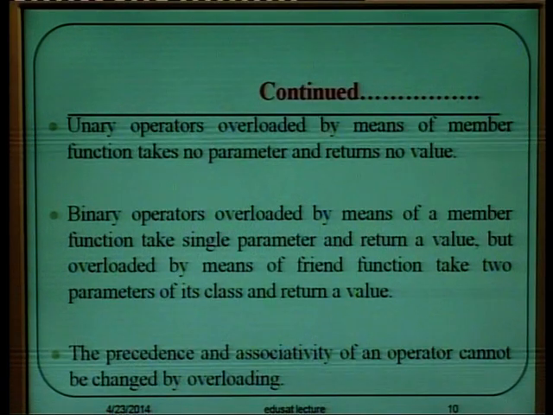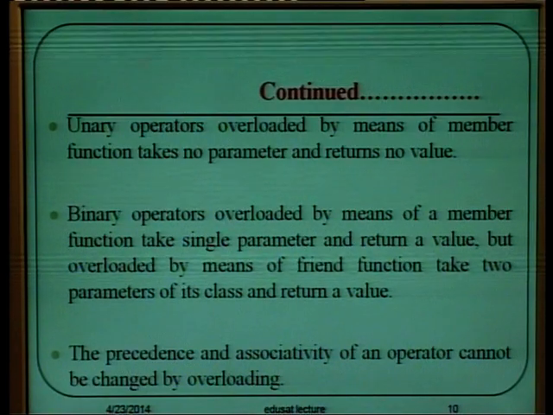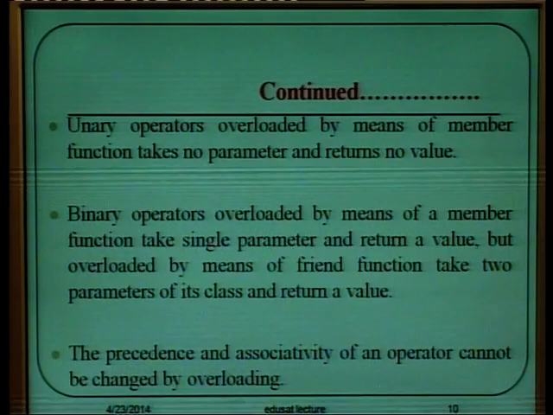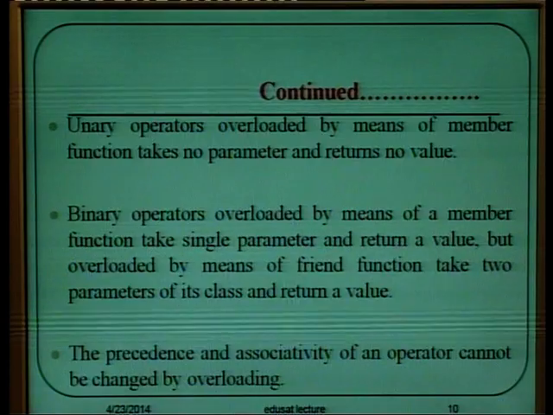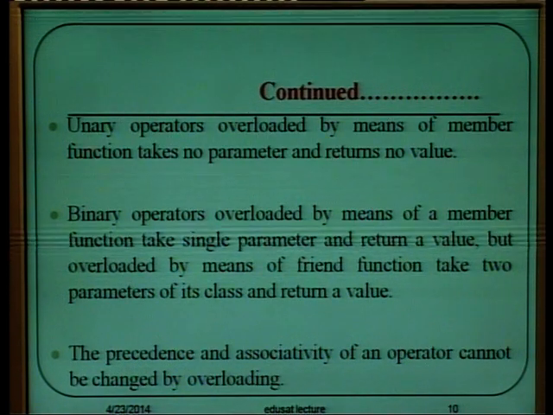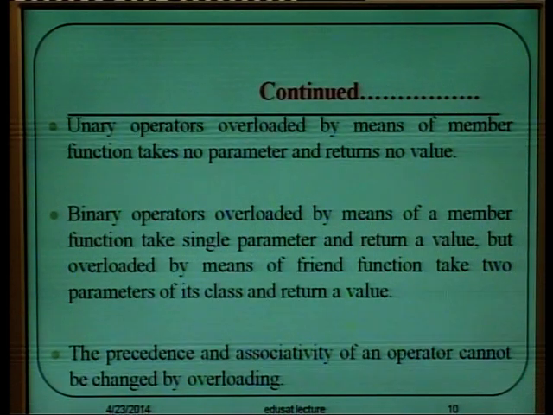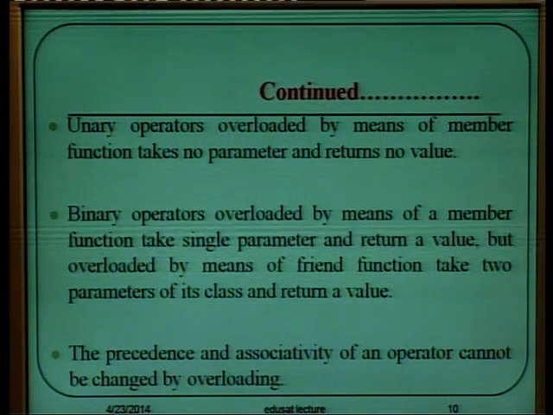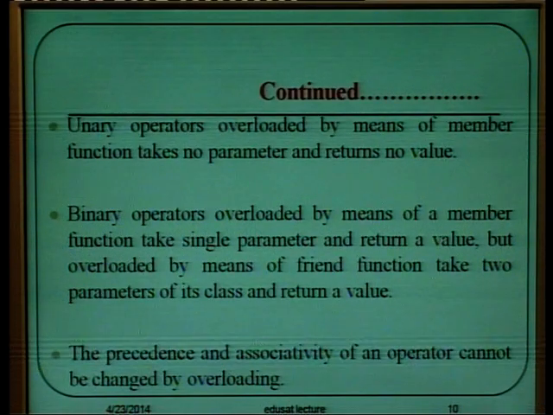Suppose we are creating a member function of that particular class that is not private, a simple public function, and we want to overload a binary operator. That binary operator requires a single parameter and it returns a value. But if we are taking a non-member function, that may be a friend function, that friend function requires two parameters.